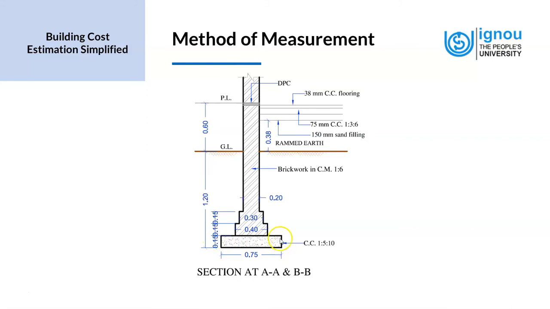So these are two dimensions that we get, and since this is a footing, this is a foundation, this runs along the perimeter of the building. So the total length would be again the perimeter of the walls, the outer dimensions. That would be the length of this item. So cement concrete 1:5:10. Let's look at how the quantities are taken in the quantity sheet.